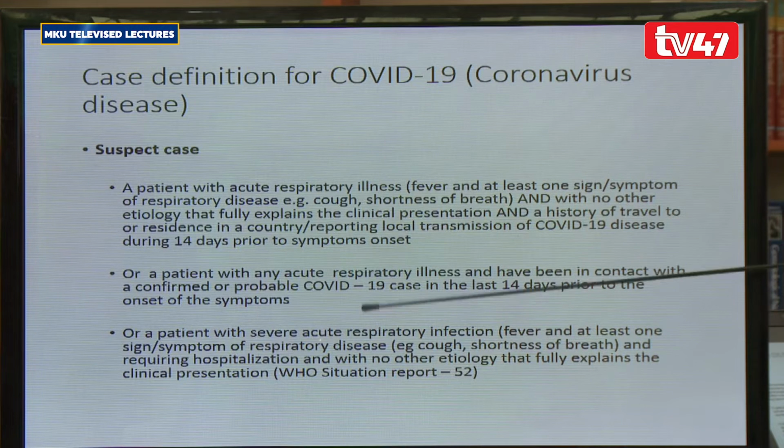I've seen different case definitions for COVID-19 depending on which site you open, but for the WHO, that is one of the case definitions for a suspected case.